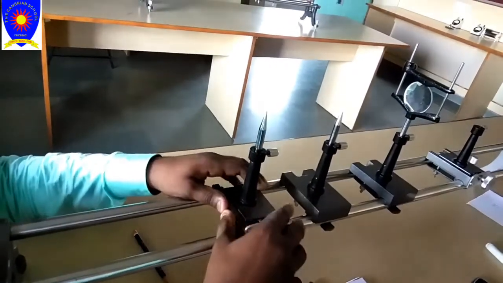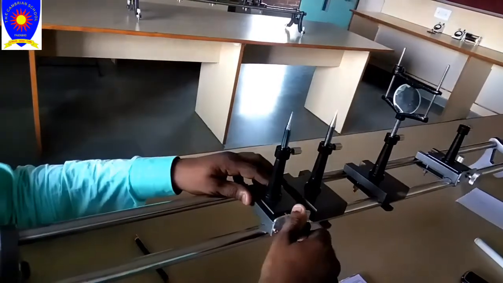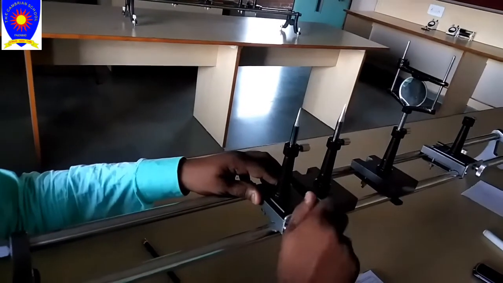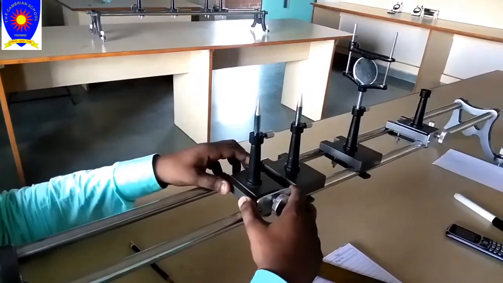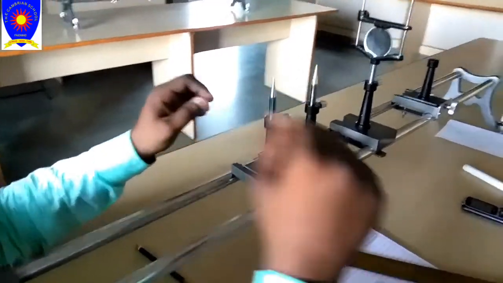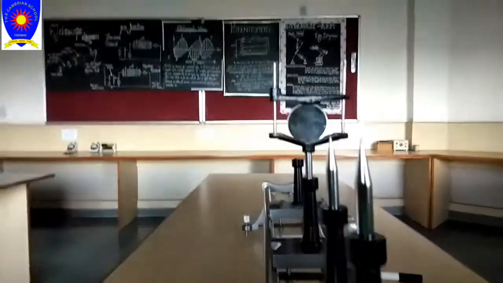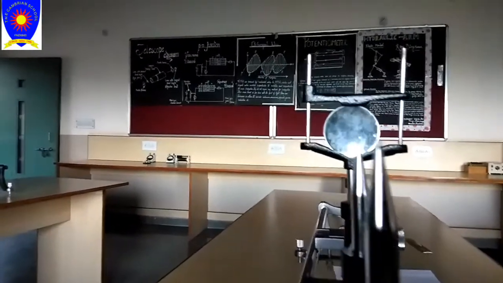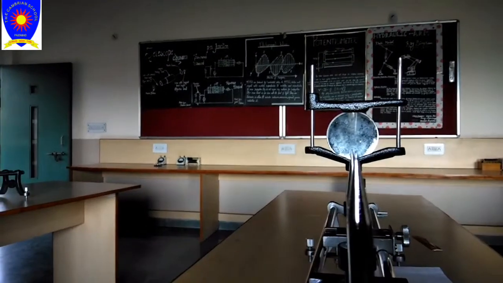The tip of the image of the other pin should be at the tip of this image needle, and there should be no parallax. So now I have set it like this, so that there is no parallax. I think the image has formed.